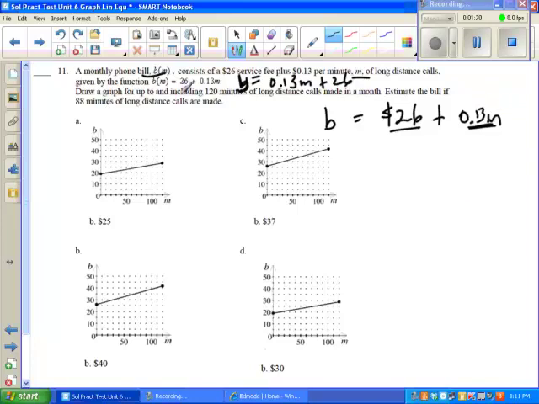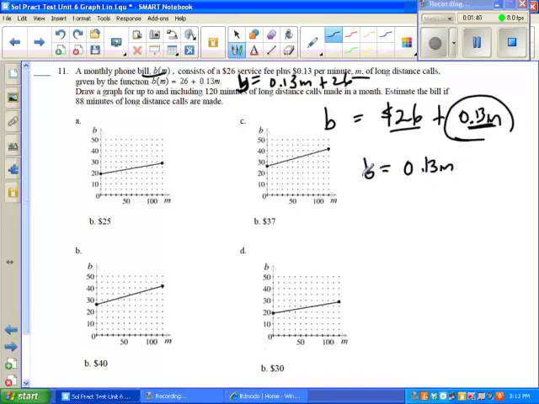So it says draw a graph for up to including 120 minutes of long-distance phone calls. So here's our graphs. And estimate the bill of 88 minutes of long-distance calls. Well, first of all, let's change this around so we have our variable part first, like our X part.